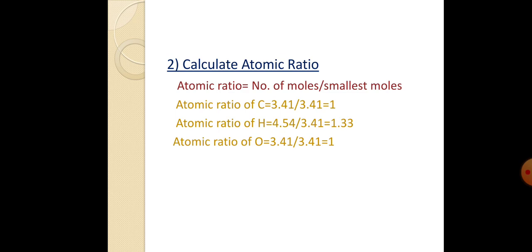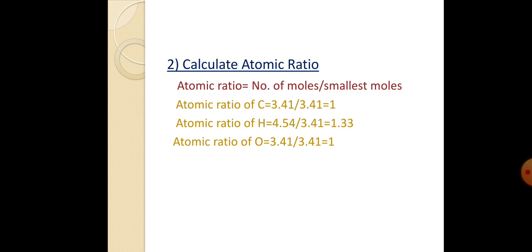The atomic ratio for carbon is 3.41 divided by 3.41, because the number of moles of carbon is also 3.41, and the atomic ratio becomes 1. The atomic ratio of hydrogen is 4.54 divided by 3.41, and the ratio becomes 1.33, because the calculated moles for hydrogen is 4.54 and 3.41 again is the smallest value of moles.